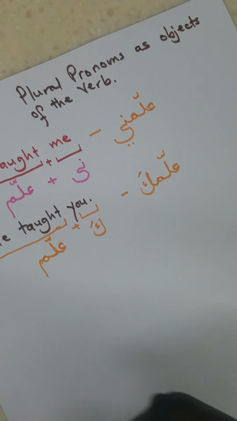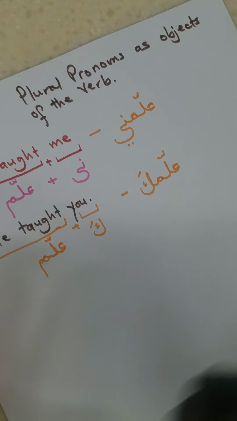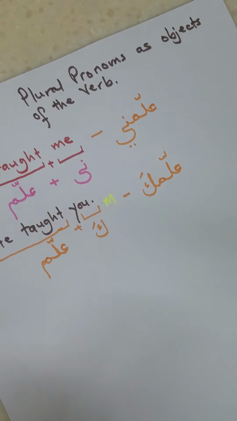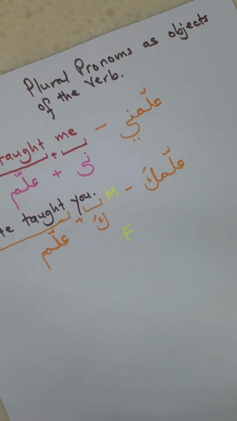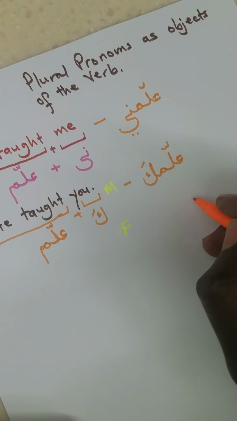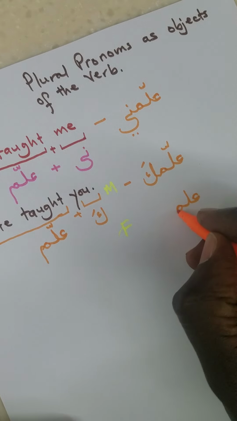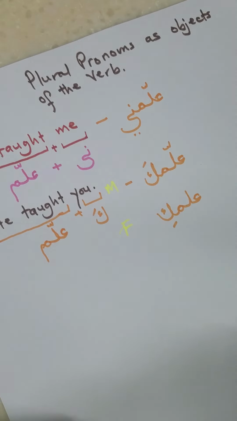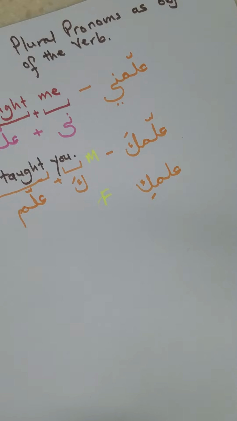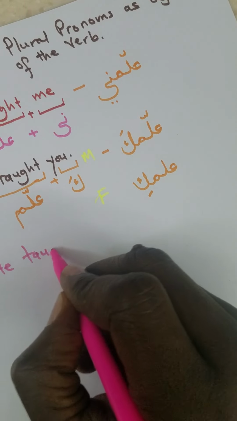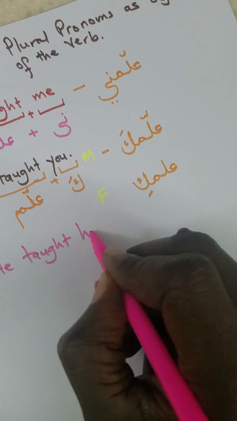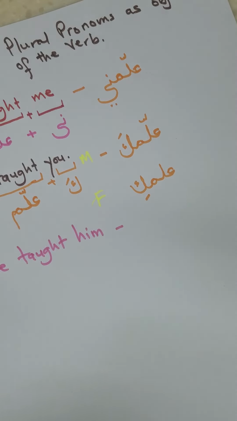So this is for male, and we said if it is female it will be allamaki. And we said if you want to say he taught him, it is going to be allamahu.